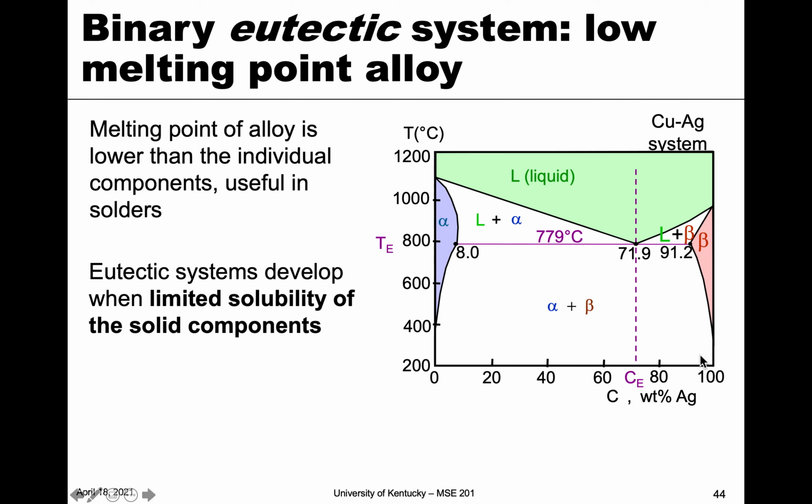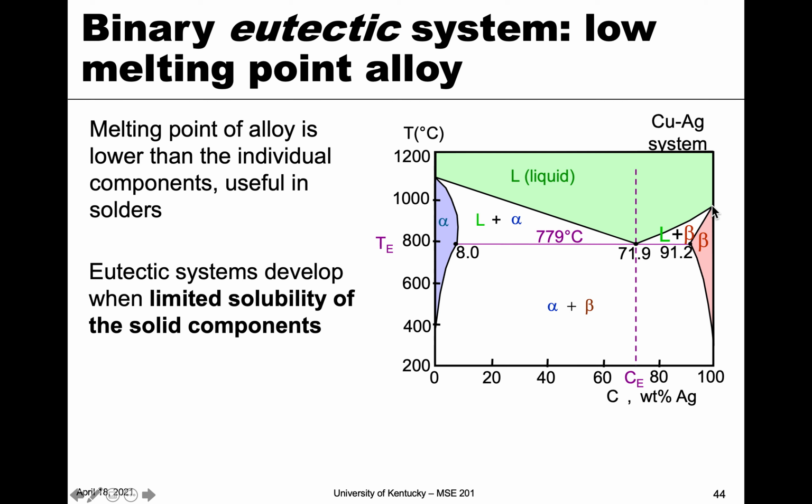So we can visualize it in this phase diagram down here. So we have copper and silver, so CuAg. Over here, this is pure copper, and you see that it melts at around 1100 Celsius. And then we have silver over here, which is a little under 1000 Celsius.